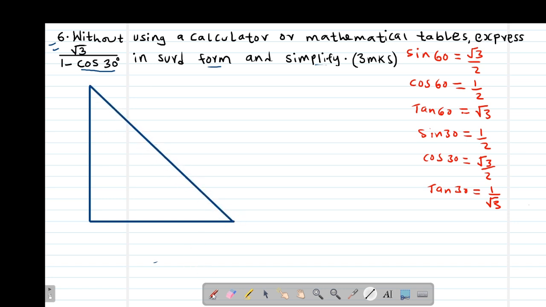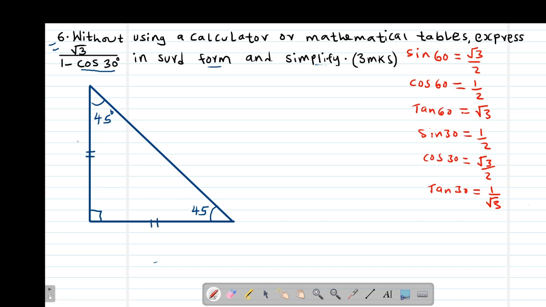If this is isosceles, this is 45 degrees, and this one must also be 45 degrees, such that this one becomes our 90 degrees. It is isosceles because this side must be equal to this side for these angles to be equal.